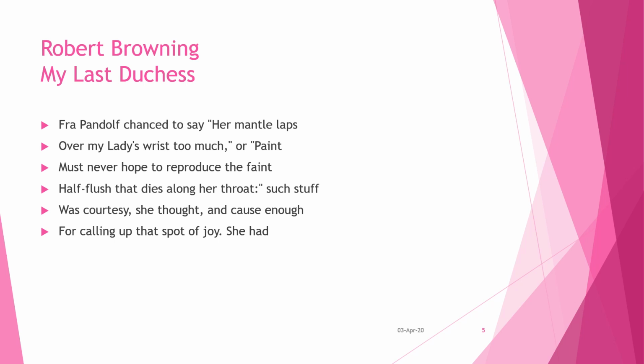Complimenting a woman before you was something considered a gentlemanly politeness, etc. So the Duke here imagines that she is blushing because Fra Pandolf, the painter, told her that her mantle laps over my lady's wrist too much, that her sleeves, mantle here means the sleeves, the long sleeves of her dress, are hiding her beautiful hands.